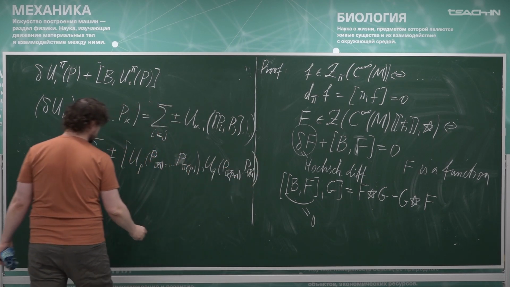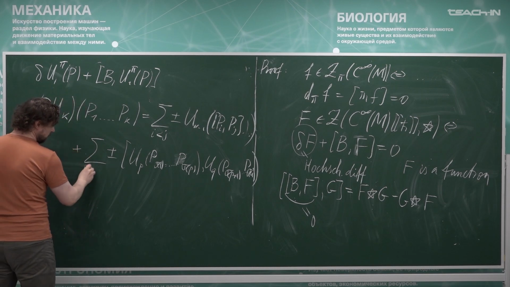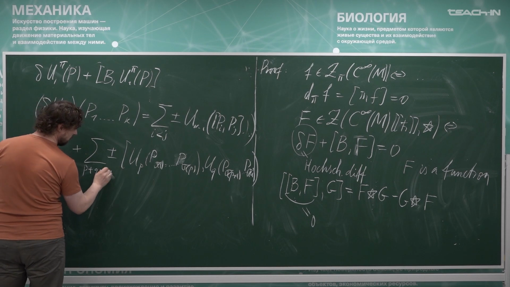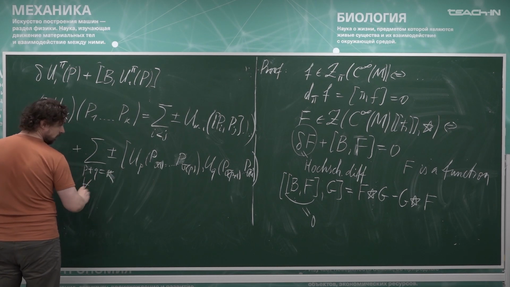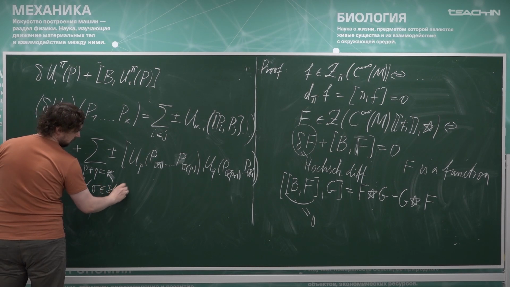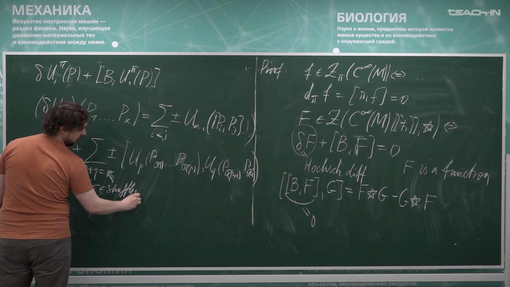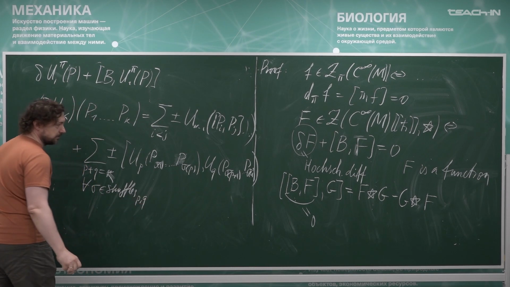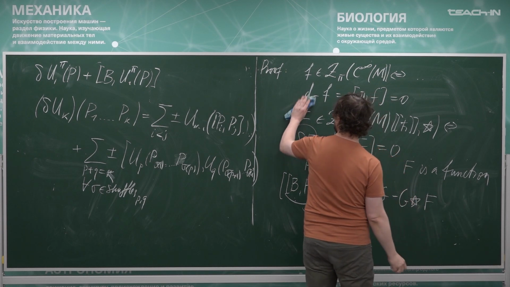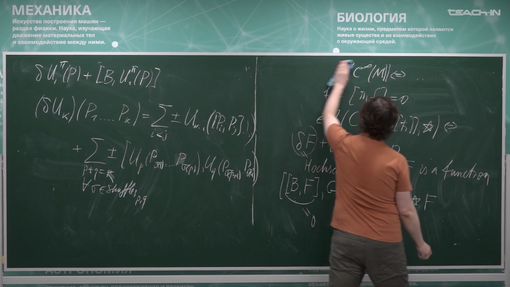Now the sum is taken over all p plus q equal to n, and to k, and all shuffles sigma of p and q elements. Okay, so that's more or less a straightforward thing.